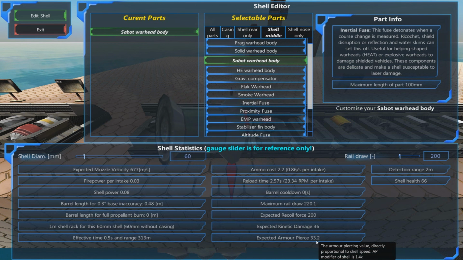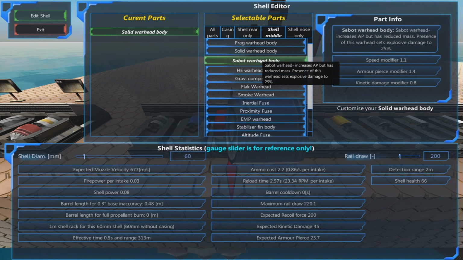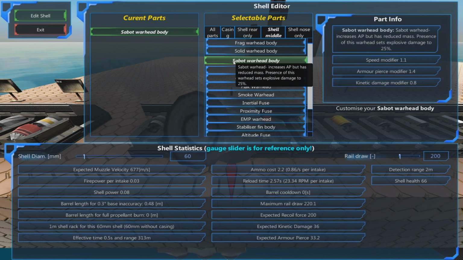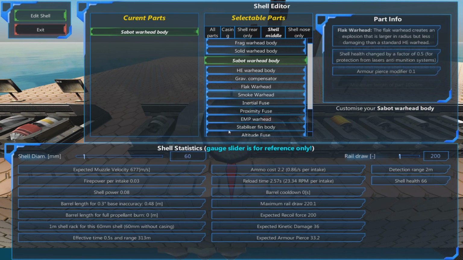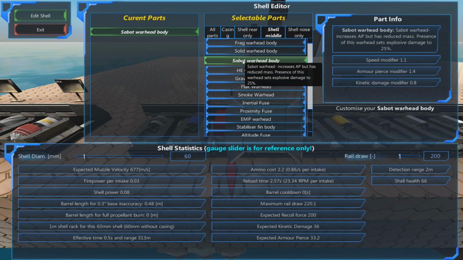That jumps to 33 with the Sabot warhead body, and the kinetic damage drops. So this is more KD, less AP, and this is more AP, less KD. Sabot warhead bodies are also a lot faster, although it doesn't really show that right here. Increases AP but has reduced mass presence of this warhead, sets explosive damage to 25%.